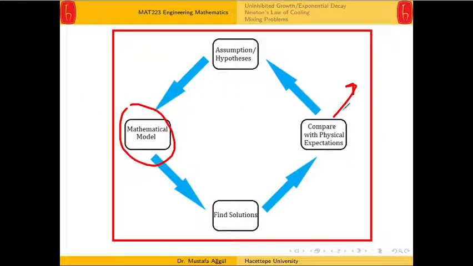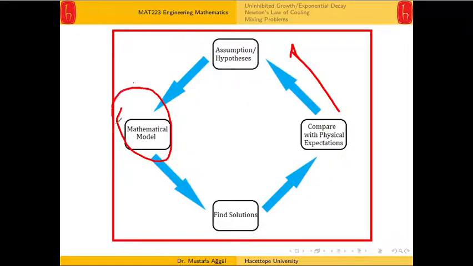But if it doesn't work, then we keep going, change our assumptions, and then change the mathematical model based on these new assumptions. New models will give us new solutions, and new solutions will give us new opportunities to check against our physical expectations.